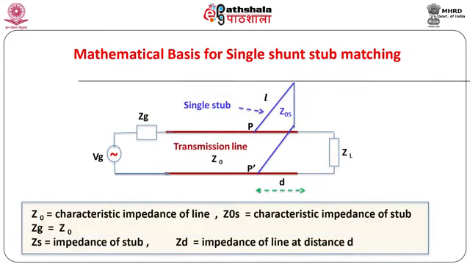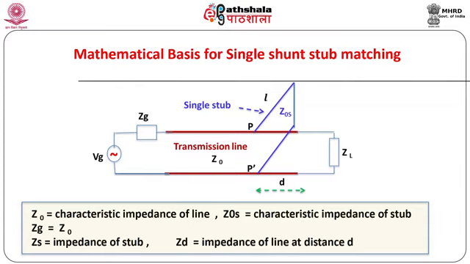Consider the circuit with a lossless transmission line of characteristic impedance Z0 terminated in a load with impedance ZL as shown. Let Vg and Zg be the voltage and impedance of the generator respectively. Assume that the line is matched with the generator. Hence, we have Zg equal to Z0.